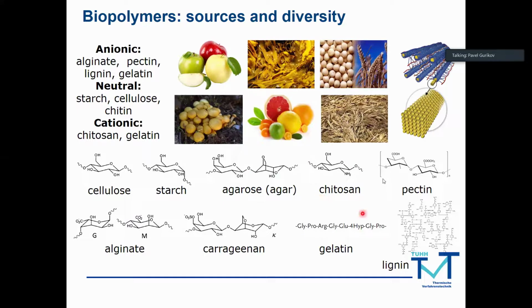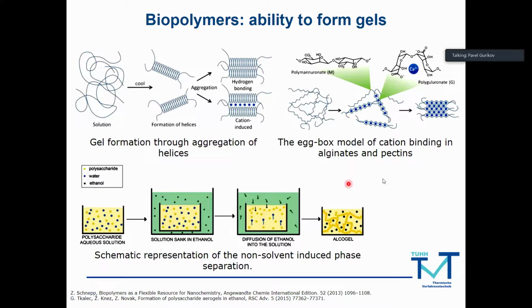They can be anionic and cationic, depending on what kind of functional groups this polymer backbone predominantly has. This is basically what we can consume, and we know many food stuffs based on such biopolymers.